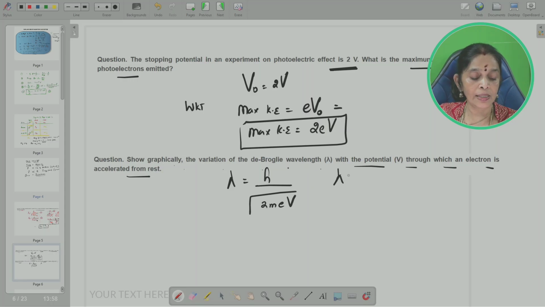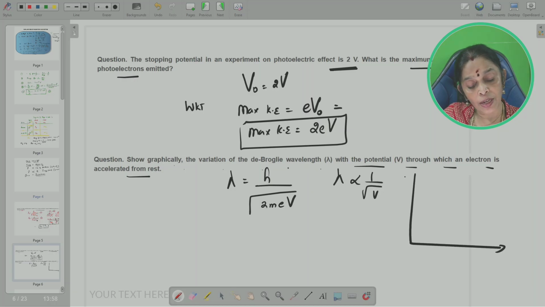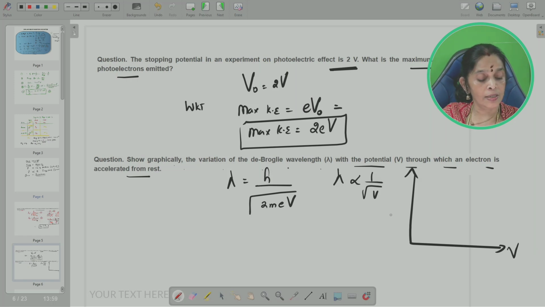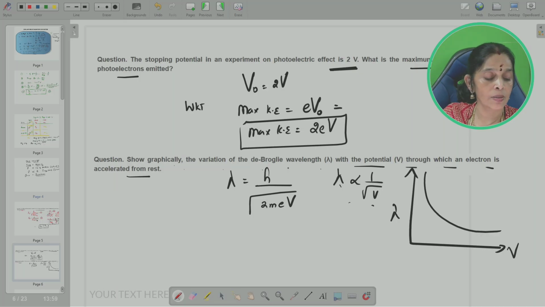So lambda is inversely proportional to root V. Therefore, the variation of de Broglie wavelength with potential is plotted as lambda against 1 by root V. With potential V, lambda varies inversely, so you draw it like that. You can write lambda is inversely proportional to root V. If you know the formula, you will be able to draw this graph.